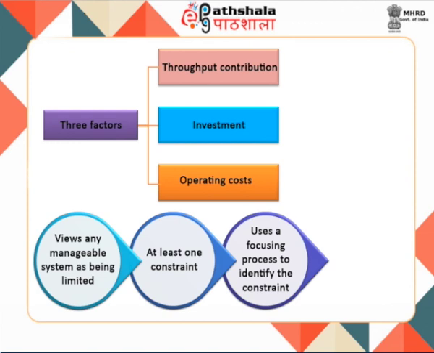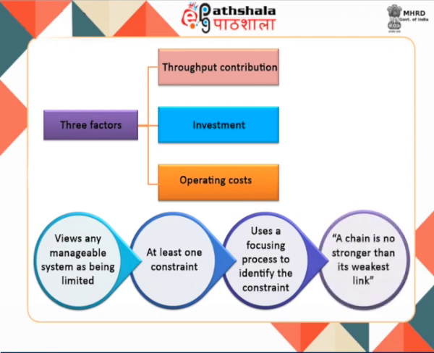TOC adopts the common idiom, a chain is no stronger than its weakest link. This means that processes, organizations, etc. are vulnerable because the weakest person or part can always damage or break them, or at least adversely affect the outcome.